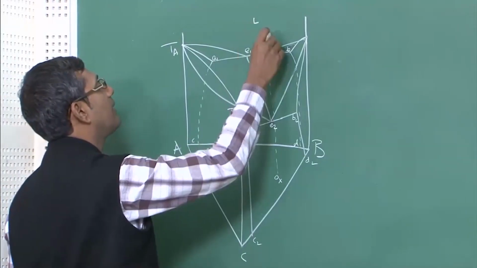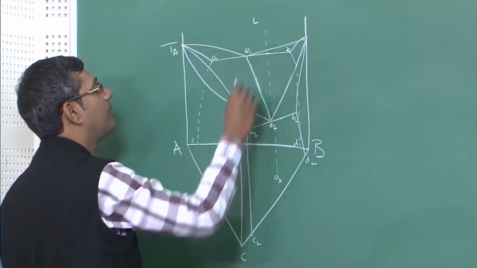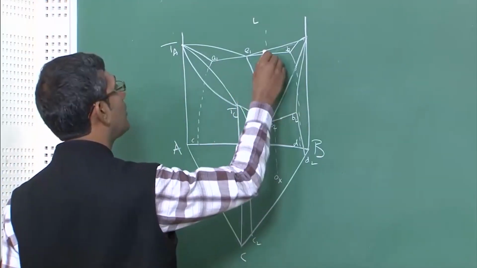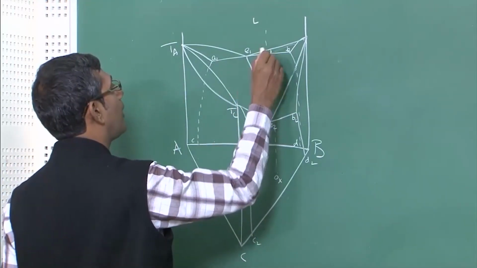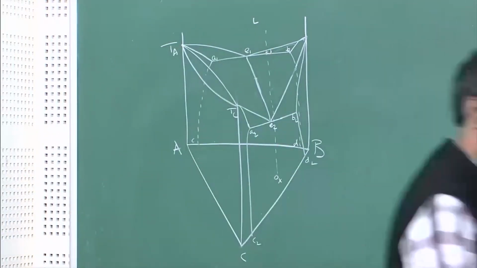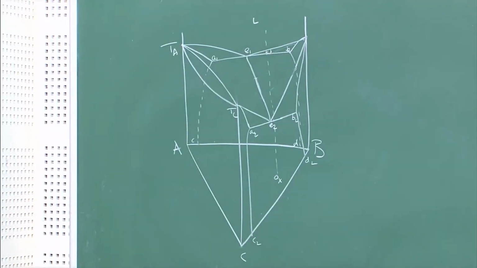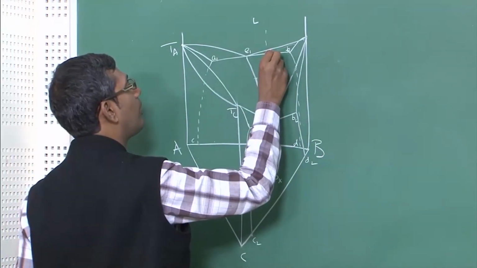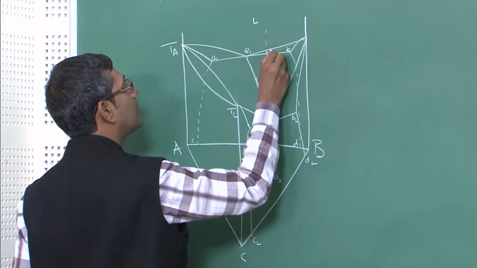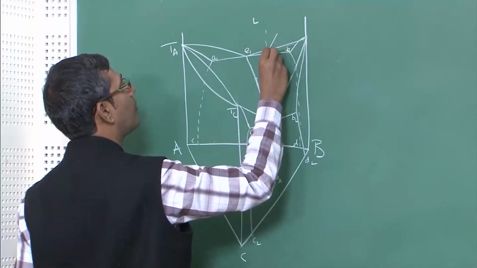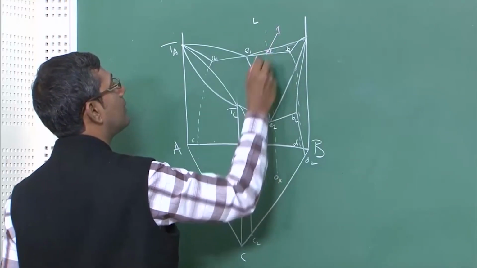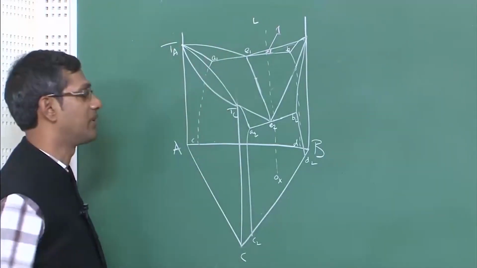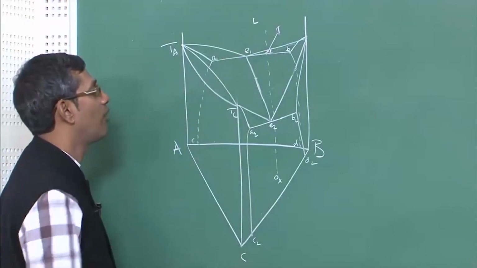So, as you cool down the alloy, nothing should happen until point 1. Let me take these colored chalks, which is easier for you to understand. This is point 1, on which this line will cut the liquidus surface, because the liquidus surface is a very complex one here.